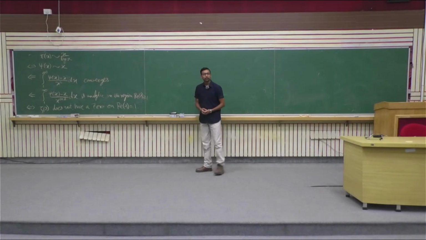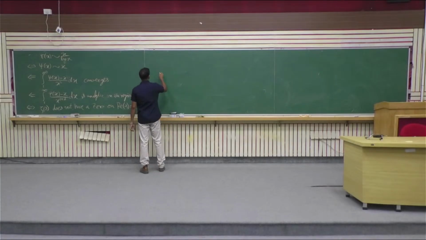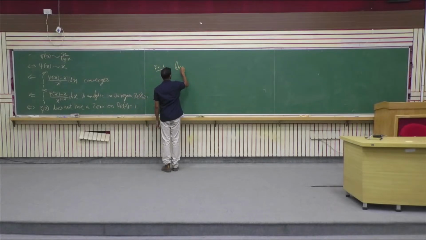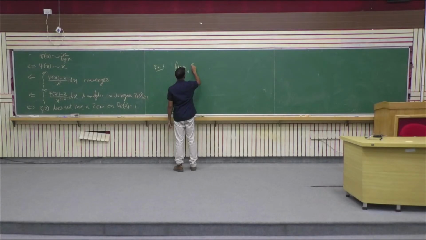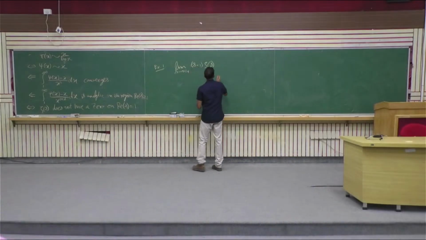So at first, a step to this is to show that, so exercise 1: the limit as s goes to 1 plus of (s minus 1) times zeta s. Show that this is equal to 1.